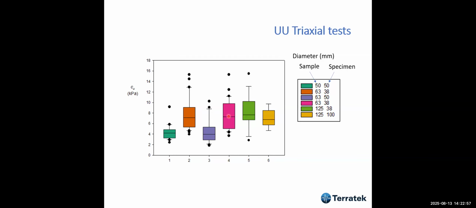The average here is more or less the same as this one. Okay, and this is 125 by 100. I took specimens 100 millimeters in diameter, and the results were not very good. And this is the best that we had. So taking a large diameter sampler and a small diameter specimen was the best that we got.